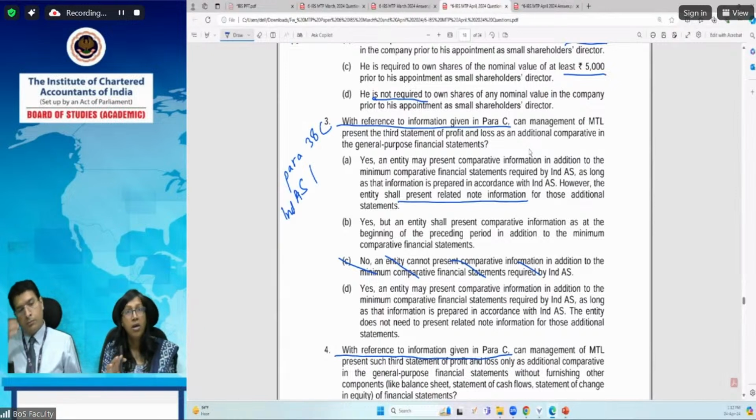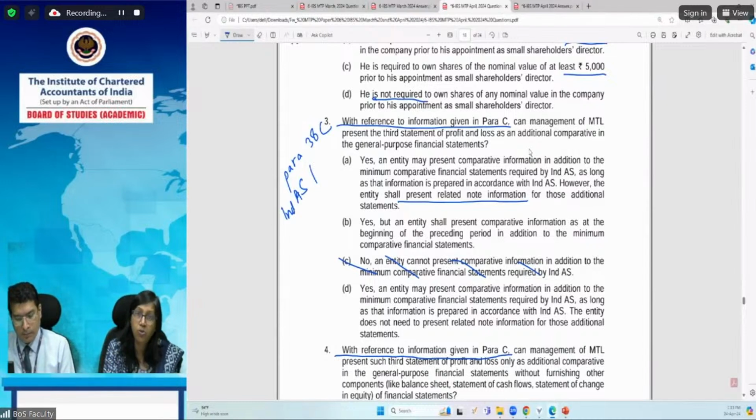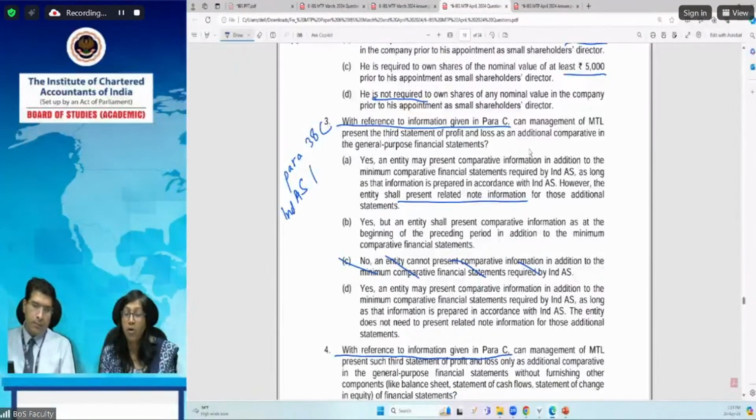For your comparative statement of previous year as well as the current year, you are already providing notes to accounts in your general purpose financial statements. But for any additional component of financial statements you provide, you also have to provide additional notes related to that additional information.